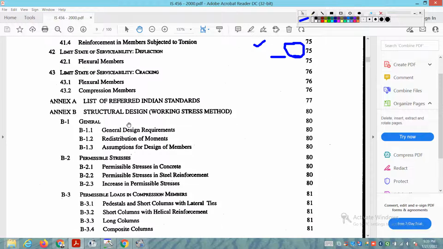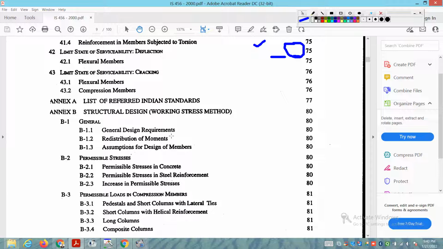After that, annexes A and B. In this they have given the general permissible stresses. These values are to be adopted when you are designing structures in the working stress method. Nowadays we are using the limit state method, but for reference purposes they have given this annexure on the working stress method.